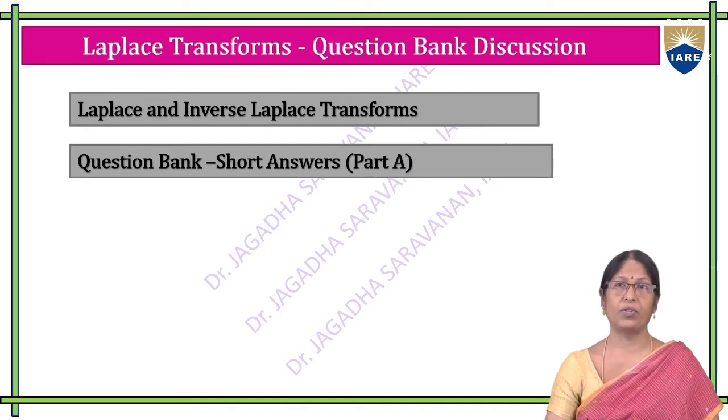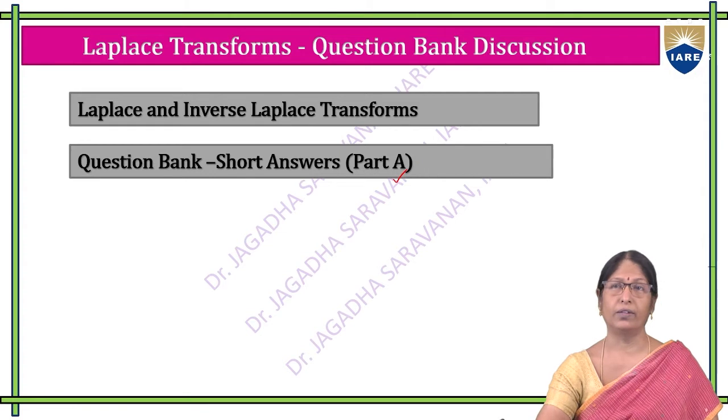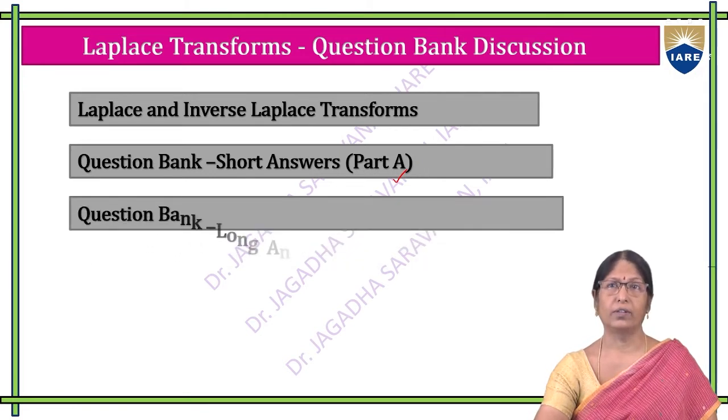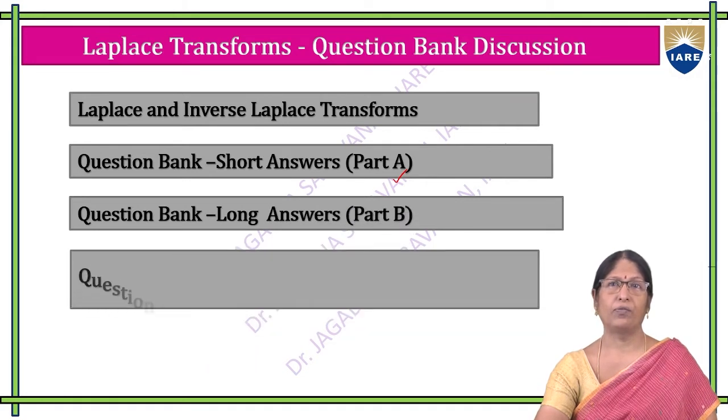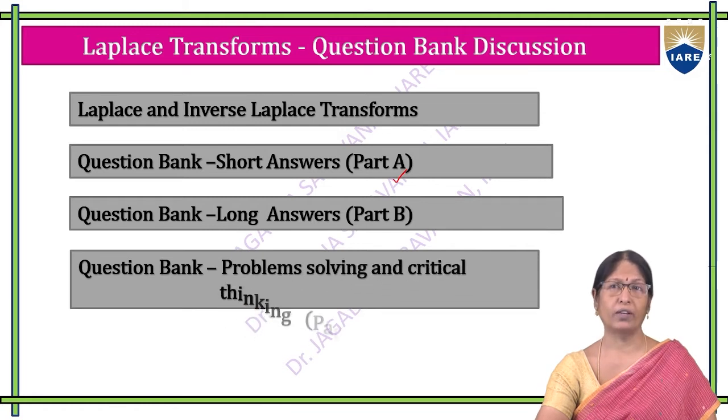The first part is short answers, that is 20 questions under part A, and long answers, 20 questions under part B. Finally, problem solving and critical thinking, nearly 10 questions are occurring.